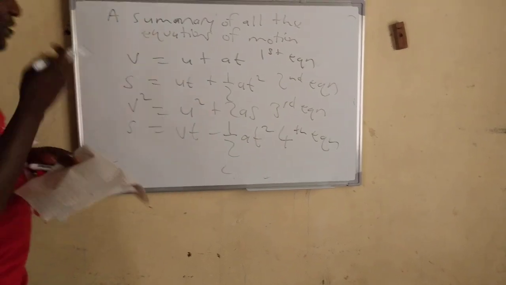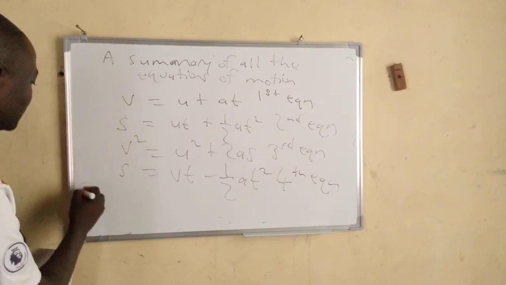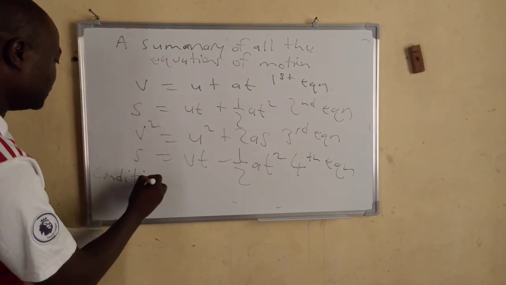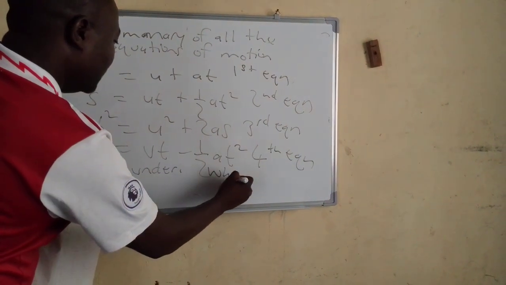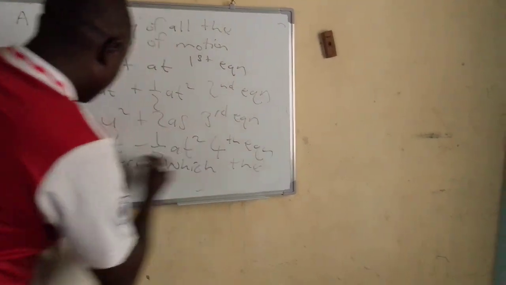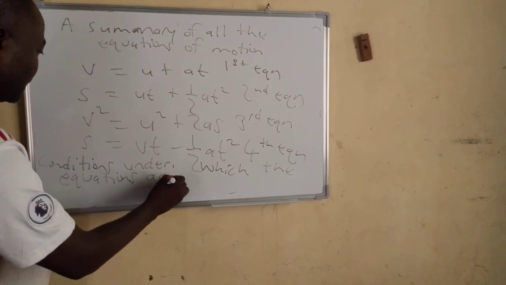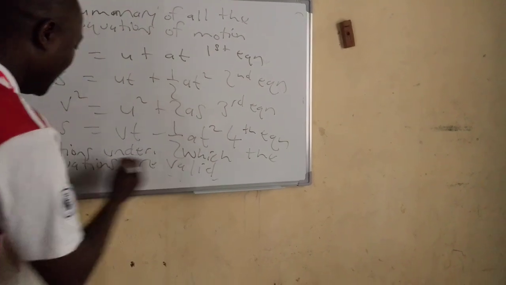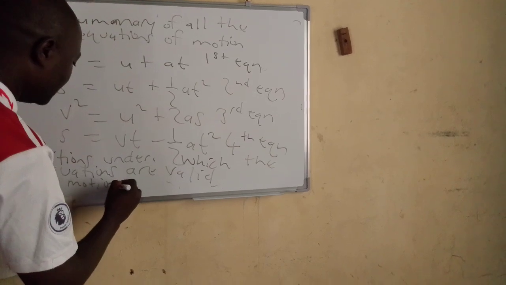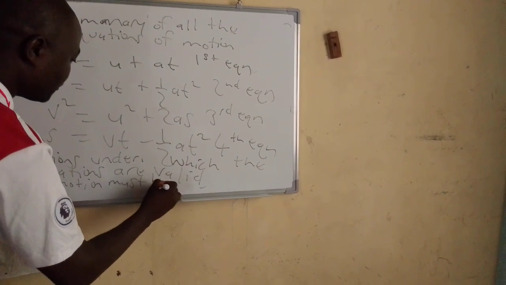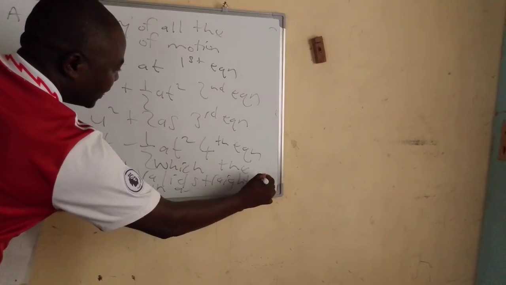So the conditions under which these equations are valid: one, the motion must be in a straight line.